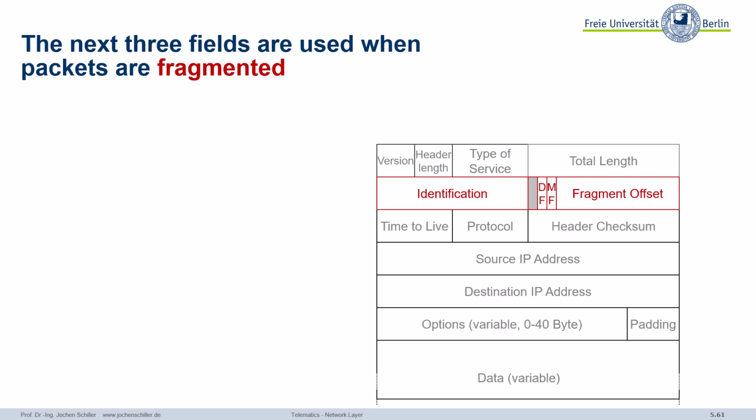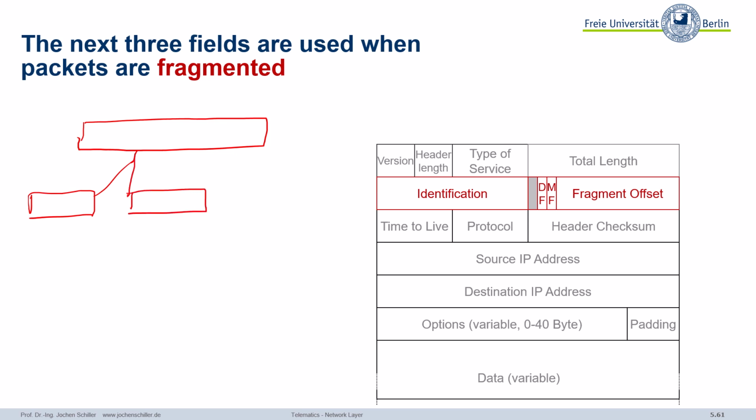What does it mean? If you have a packet of a certain size, fragmentation means you split up the packet into several smaller packets. For example, like this. So you create 3 packets out of 1.